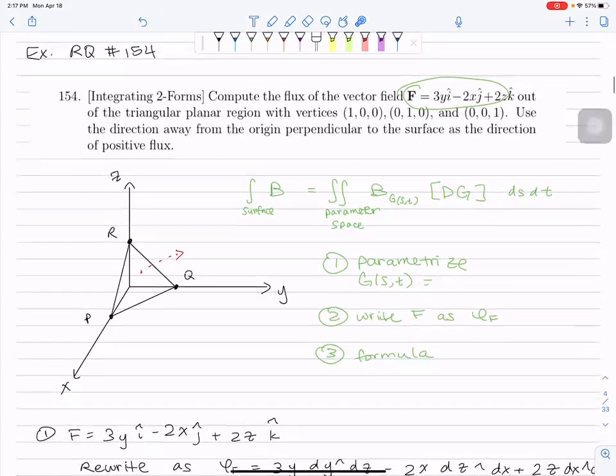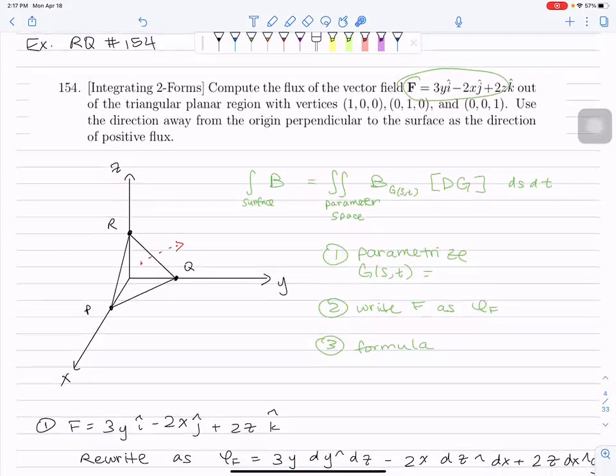Yes, because this plane is in 3 variables right now, x, y, and z. But the point of parameterizing is that we don't want 3 variables, we want 1 less. So we take a variable away. So if there were 2, we would go with 1, but because it's a 3, we go with 2.